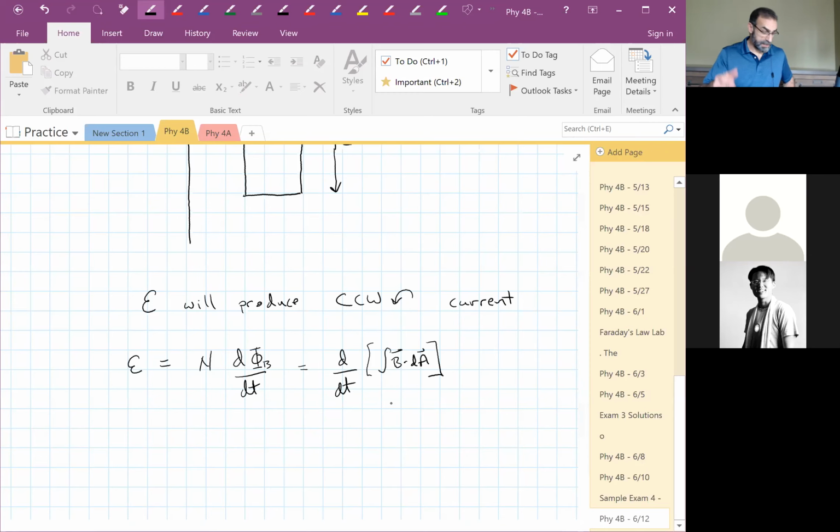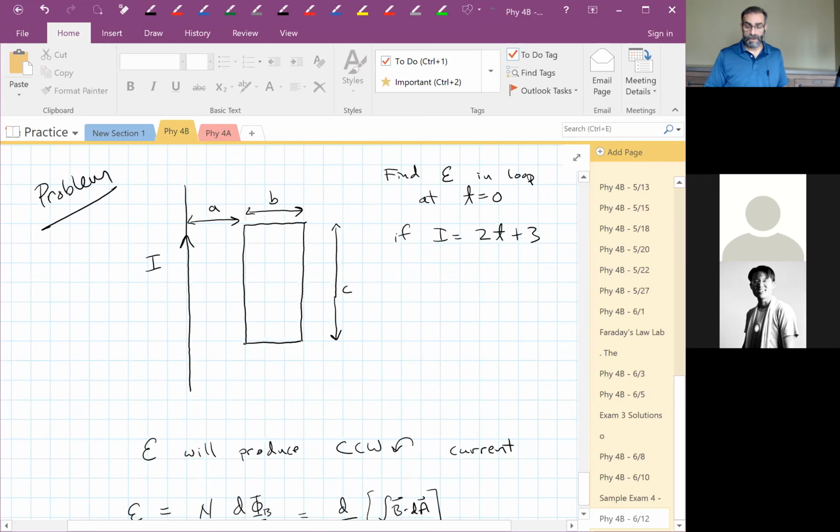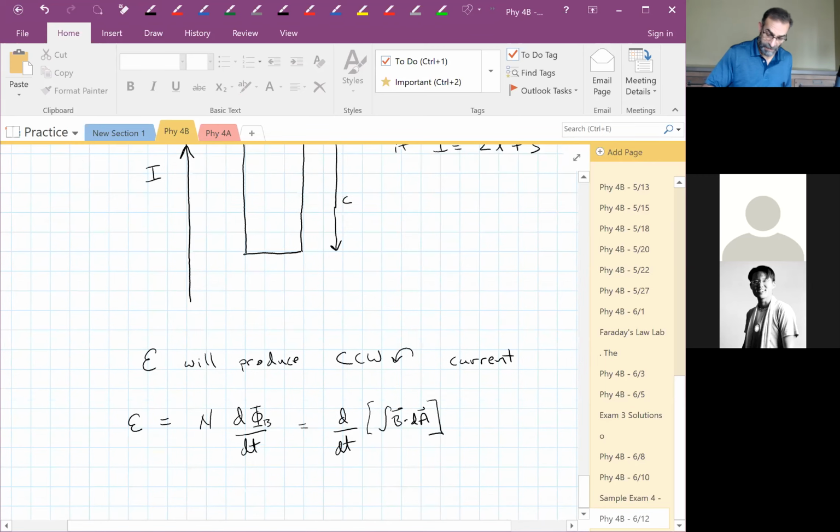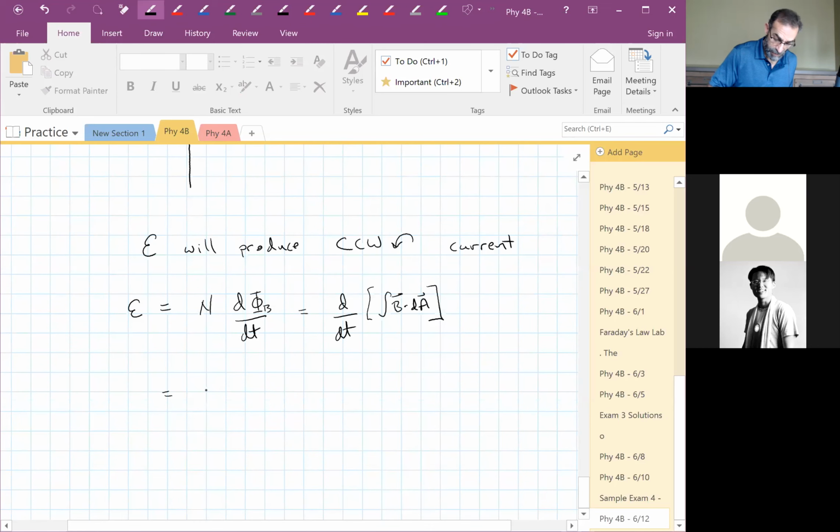And the answer is no, it is not. So we have to integrate. We have to do this integral. So let's just leave our d dt out here for now. We'll come back to that later.